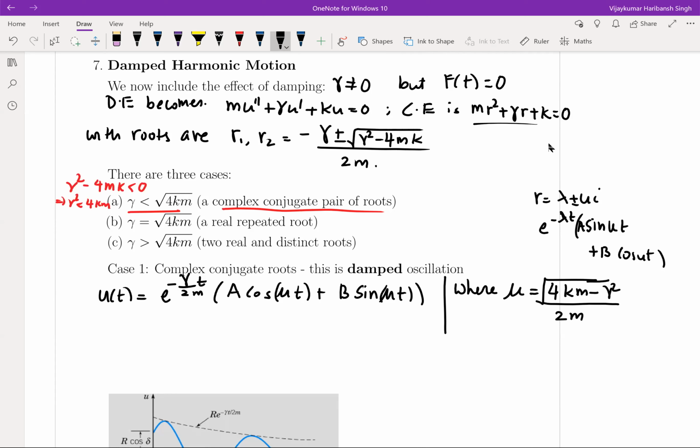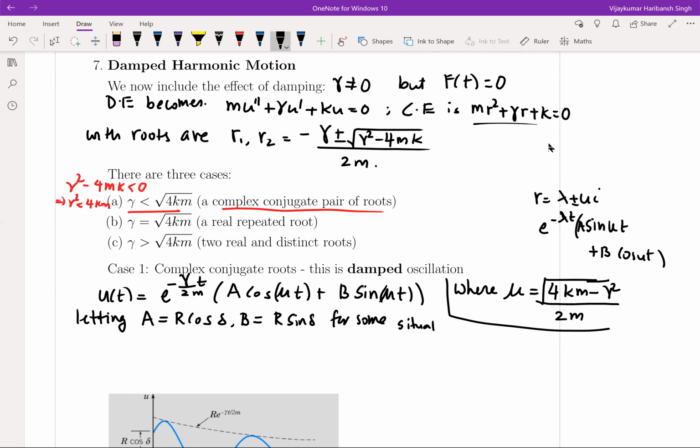Now we need to find out what a and b are. So letting a equal r cos delta and b equal r sine delta, for some suitable r and delta, what do we get?